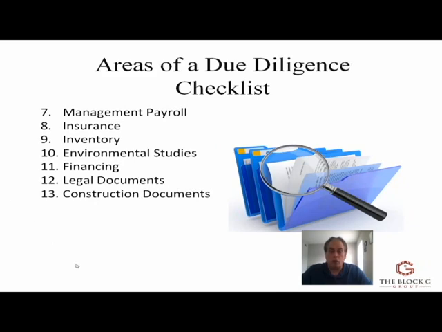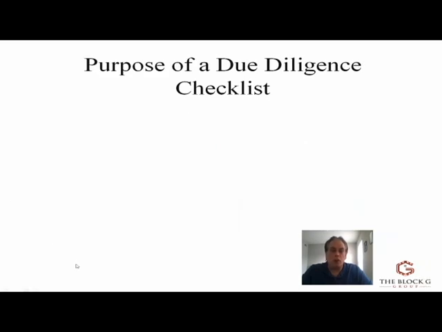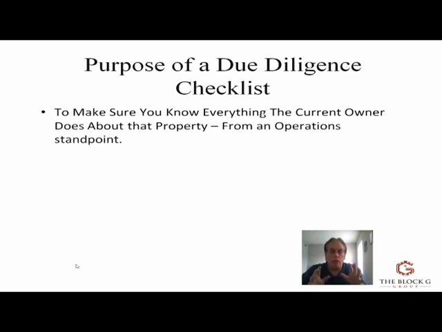way. Okay, so again, the purpose here, folks, of the due diligence checklist is getting this information in the LOI and also in your purchase and sales agreement, to make sure that everything the current owner does or knows about this property, you do and know too, right?